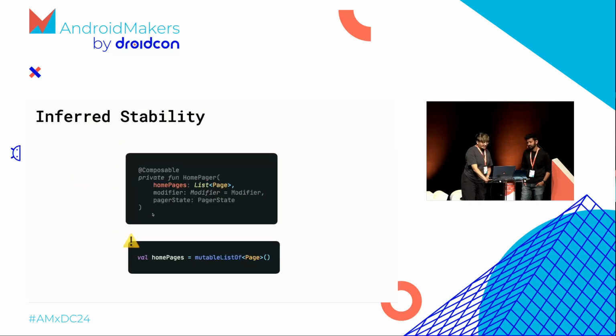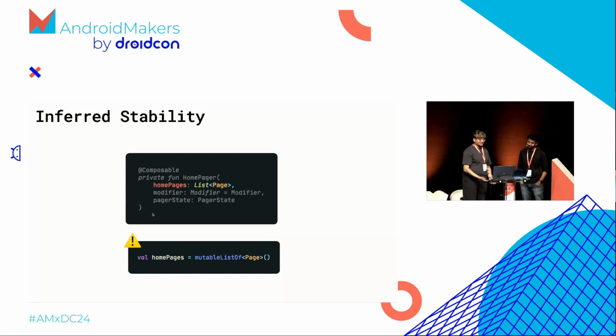Interesting. Now, we might ask why it thinks it's unstable, and I think if we look a little closer, we'll see why. The parameter itself is of type List, which is an interface. And the list itself can be implemented in many different ways, including as a mutable list. I didn't realize that. Exactly.